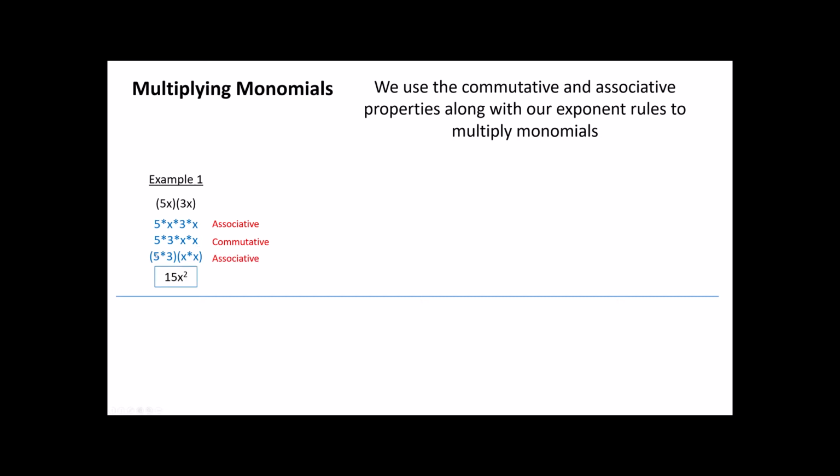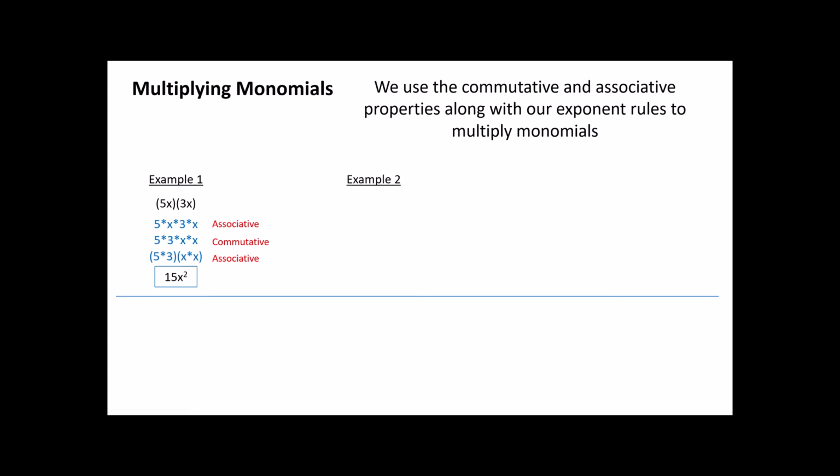Notice I regrouped those so my like things were together because I know I can multiply these and I know I can multiply these, and I get 15x squared. Notice this is the associative property, which says I can ungroup them. The commutative property says I can rearrange them, and the associative property says I can regroup them again.